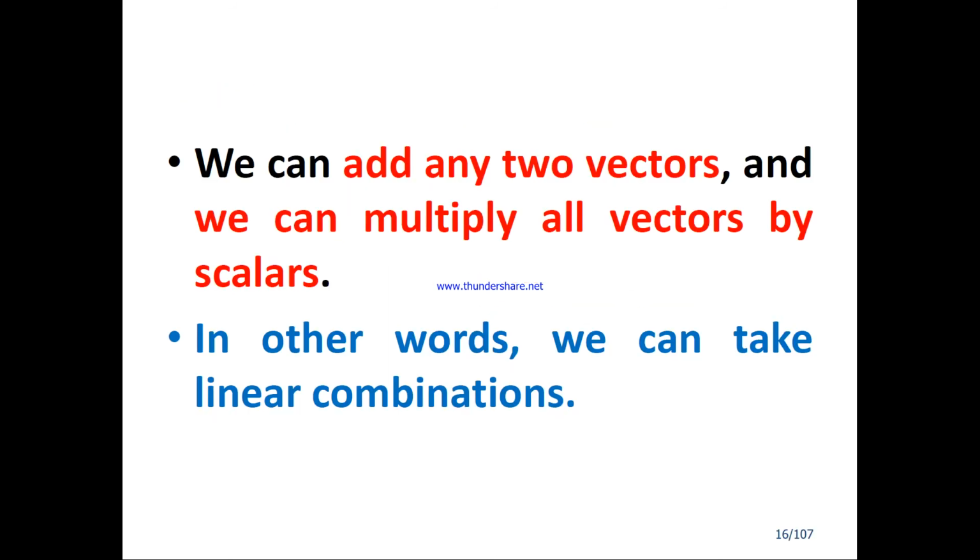Here we can add any 2 vectors and we can multiply all vectors by scalars. So it means that this forms a linear combination. So this forms an equation where we can say that it forms a linear combination of these 3 vectors. Like for example, just now we have found the vector x by taking u, v and w.